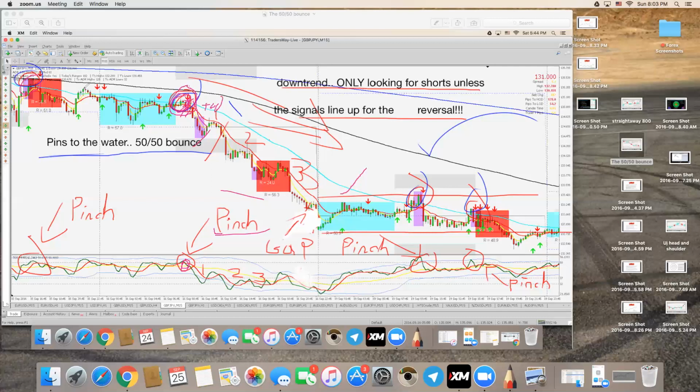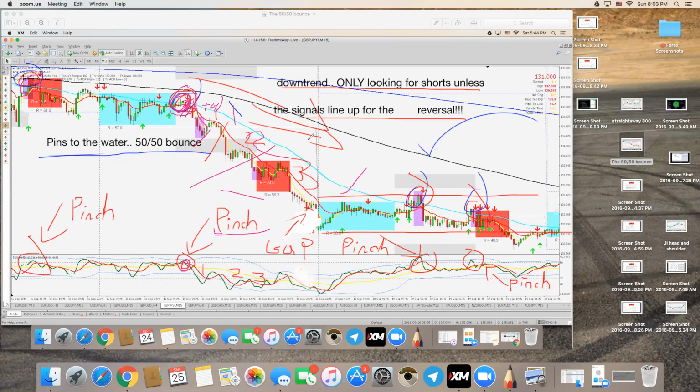Now, there are a few people who would like to ride this all the way down. If you can identify the levels intraday, feel free to ride them all the way down. Here was 1, 2, I already labeled them, but 3. Remember, don't counter trend trade here.